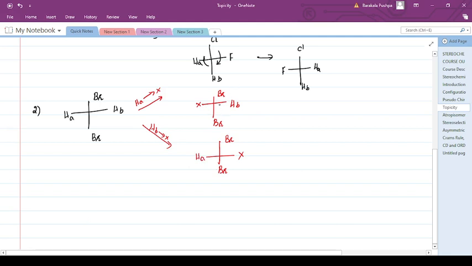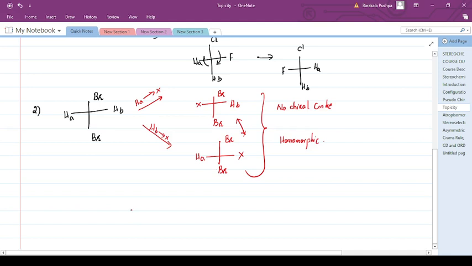They are not chiral, and only by interchanging these two groups you will have the same structure in the molecule. So there is no chiral center, and they are homotopic. So these are called homotopic ligands.